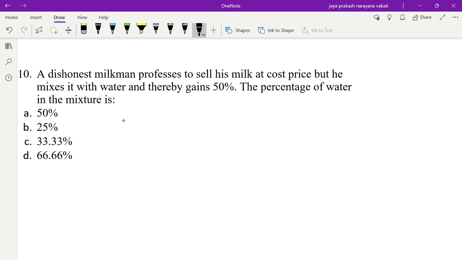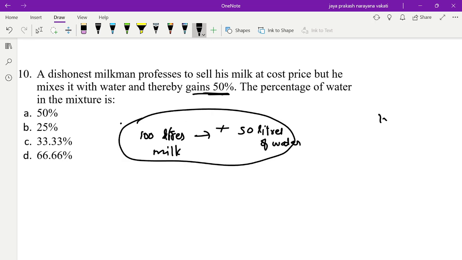It is given like, let's say, he's gaining 50%, right? That means, let's say, for 100 liters of milk, he's adding 50 liters of water, so that he's selling this total quantity for 150 rupees, but this is selling price, but his cost for milk is 100 rupees only.